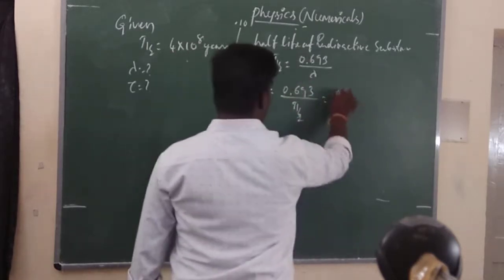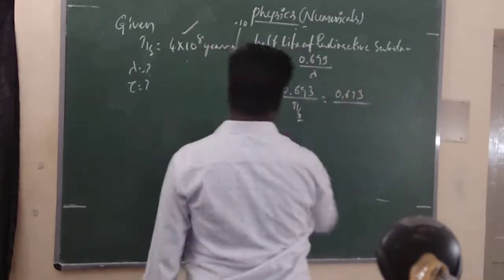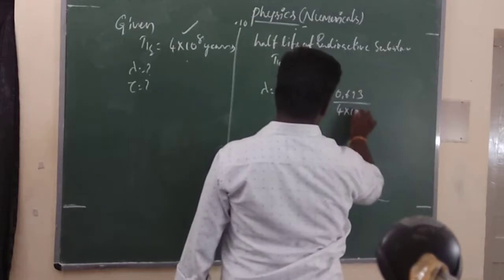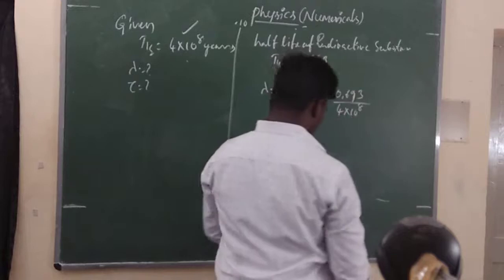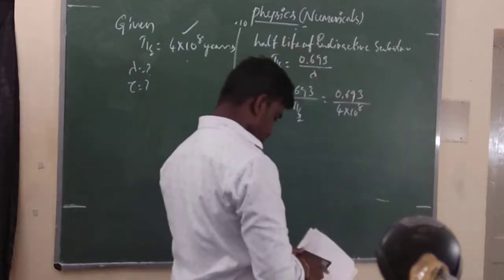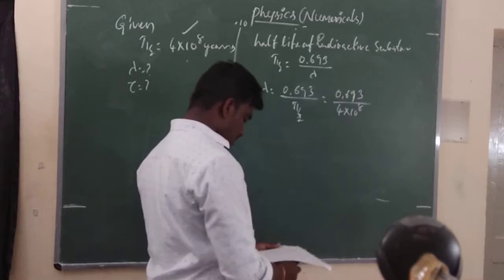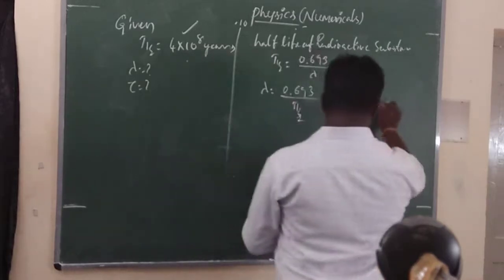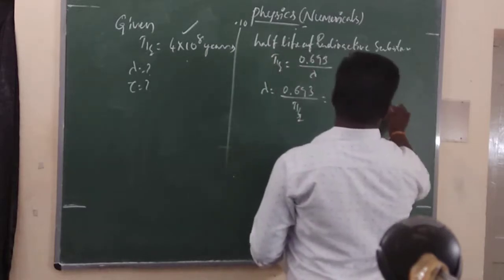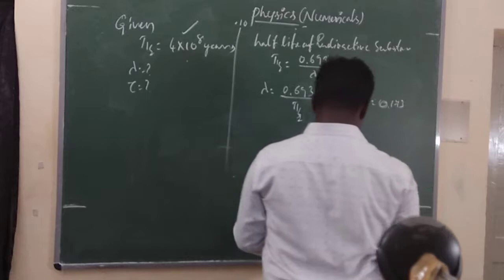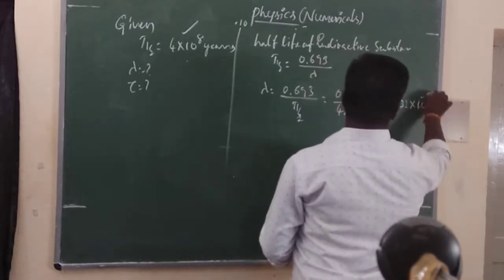So 0.693 divided by T half, already given as 4 into 10 to the power of 8 years. Simplify that. 0.693 divided by 4 is 0.1732 into 10 to the power of minus 8.